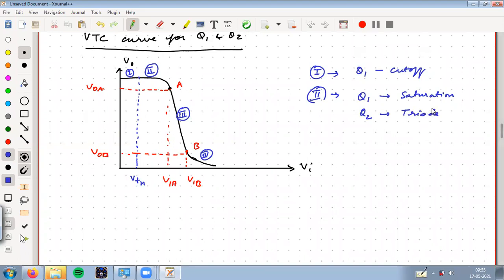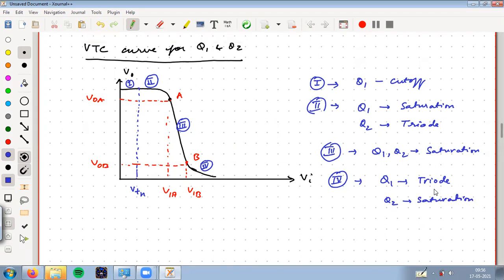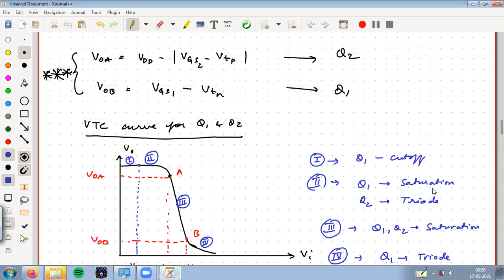In the third region, between points A and B, Q1 and Q2 are both in saturation. In the fourth region, Q1 is in triode and Q2 is in saturation. So this is the VTC curve of Q1 and Q2.